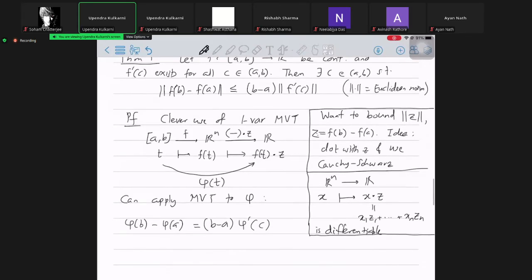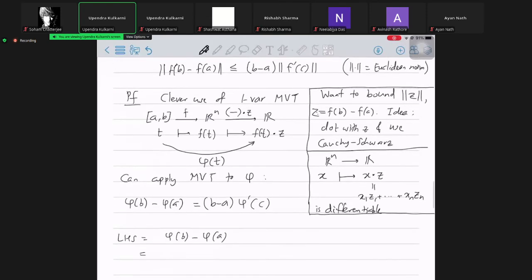All right, so now let's take a look at various things here. Let's take a look at the LHS. What is phi of b minus phi of a? Well, what is phi of b? f of b dot product z. I just apply the definition. I first take f of b and take the dot product of that with z. I put z on the second slot, not that it matters.